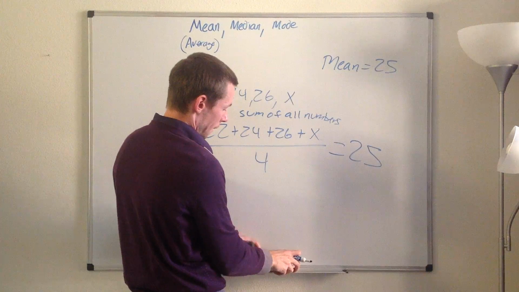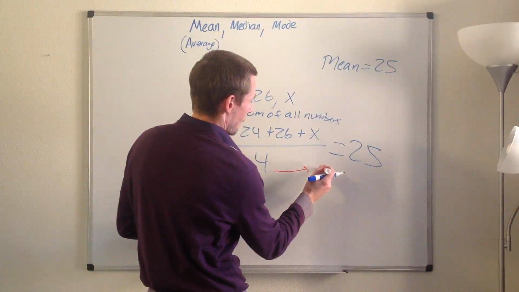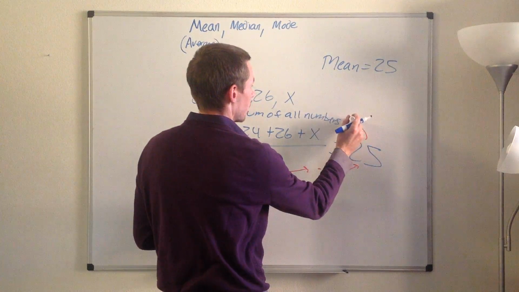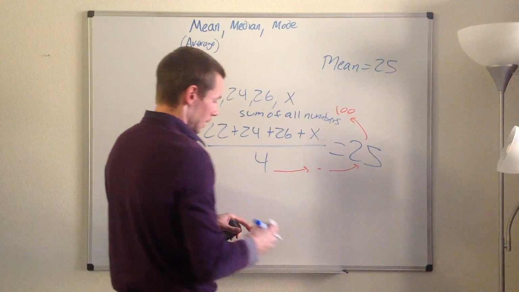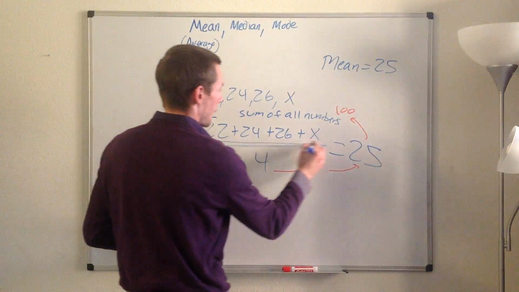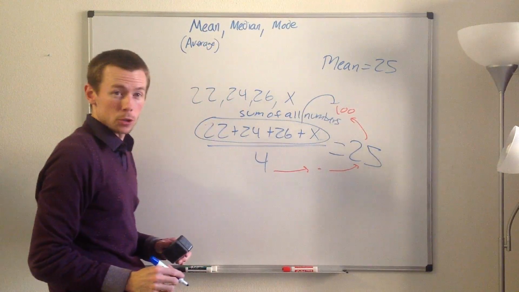So 4 times 25 gets me the sum of all the numbers. So I know that all of these add up to 100.